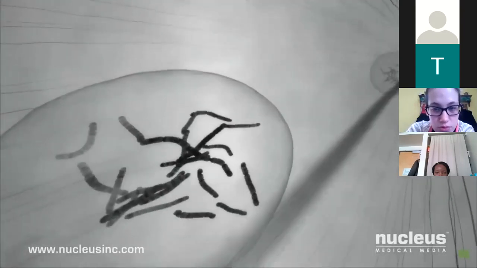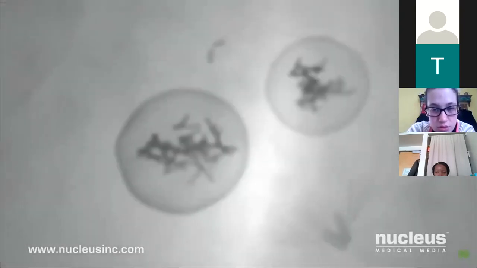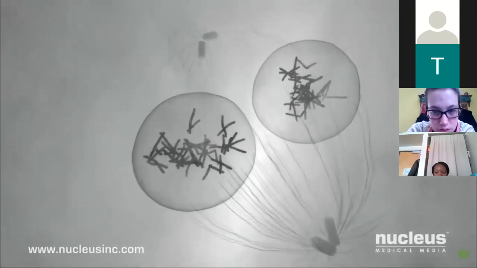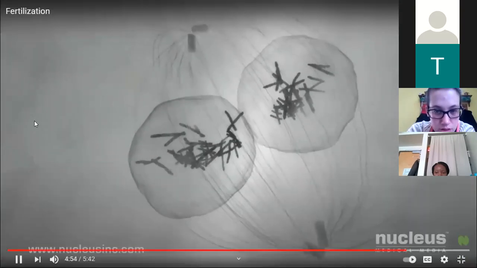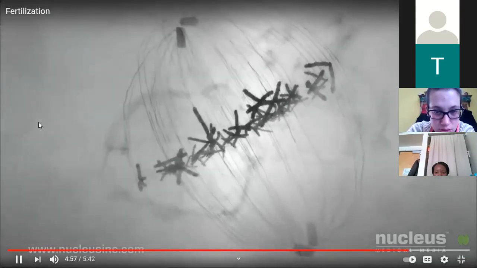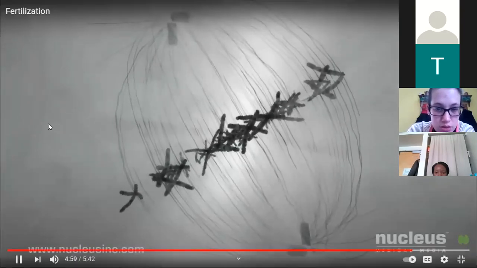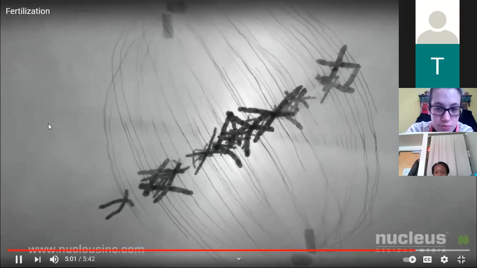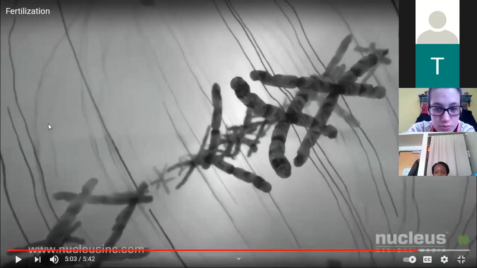Told ya. The two sets of chromosomes join together, completing the process of fertilization. At this point, a unique genetic code arises, instantly determining gender, hair color, eye color.